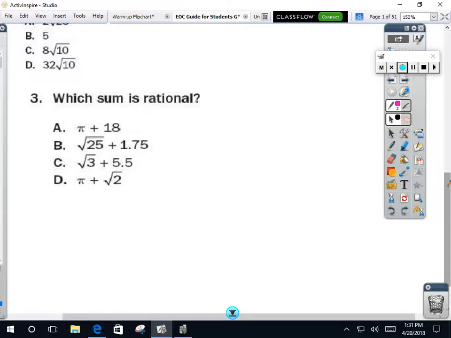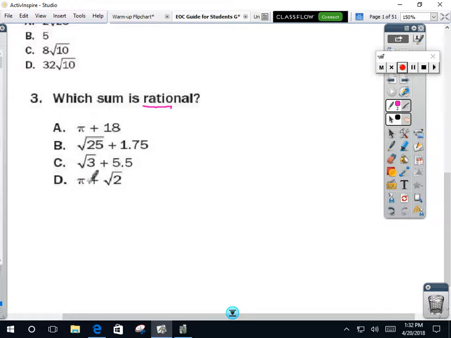Which sum is rational? The first 5 letters of rational are ratio. Okay, so we're looking, sure. Very good.